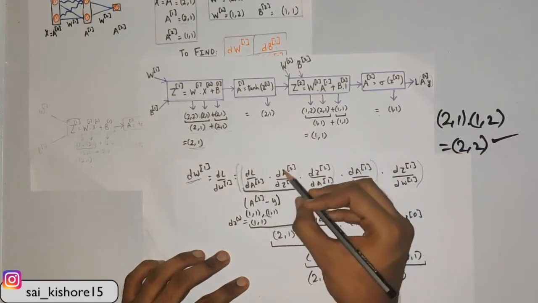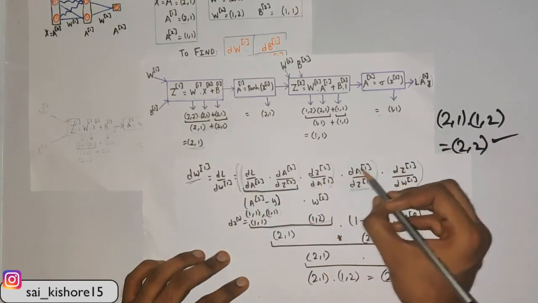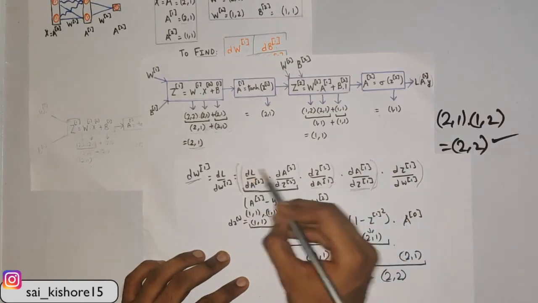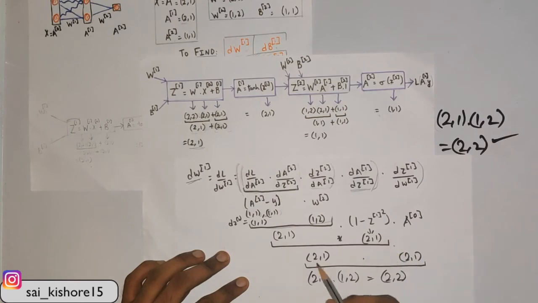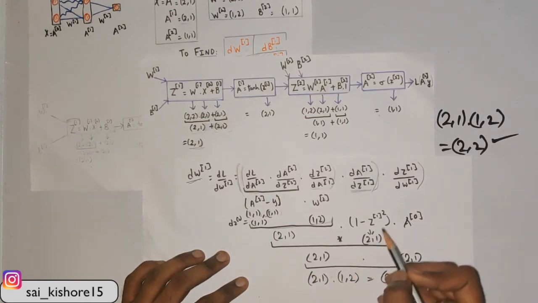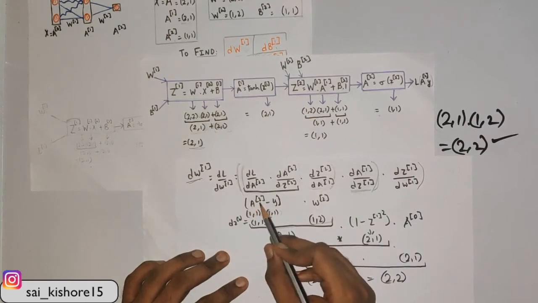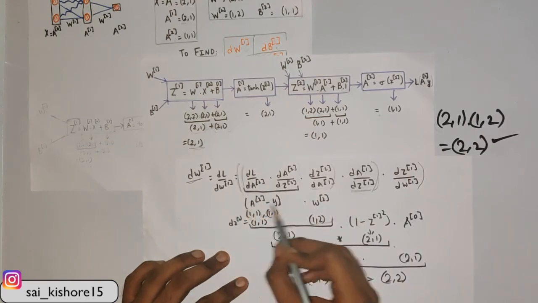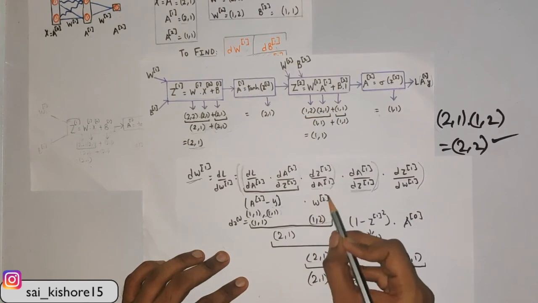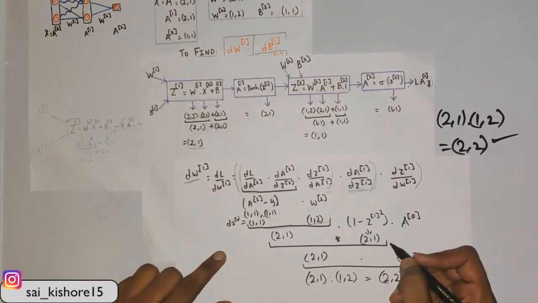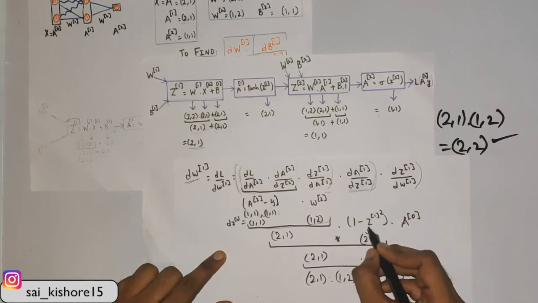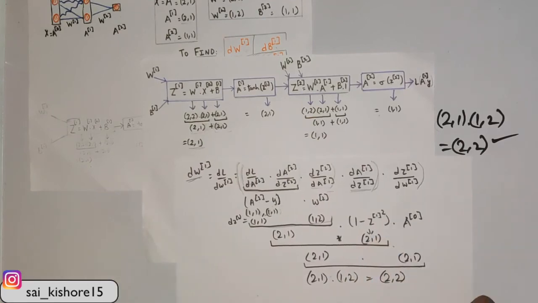So you cut a, z, z, a1, a1. We have dl by dz1. Until here, the answer is here, 2, 1, which is (a2 minus y) into w2 transpose, and then (1 minus z1) the whole square.